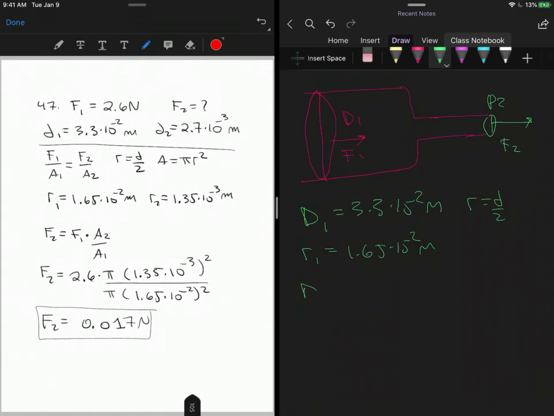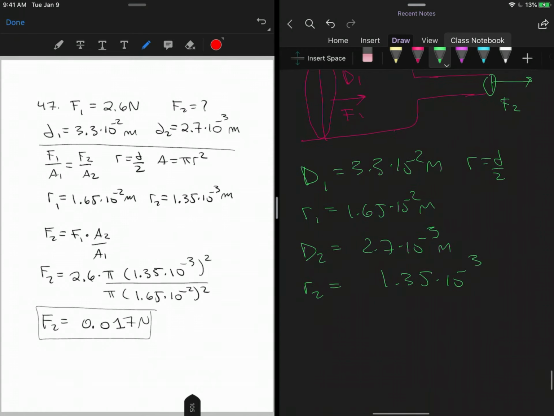Diameter 2 is 2.7 times 10 to the minus 3 meters, so radius 2 is half of that, 1.35 times 10 to the minus 3. So now we have the radii.